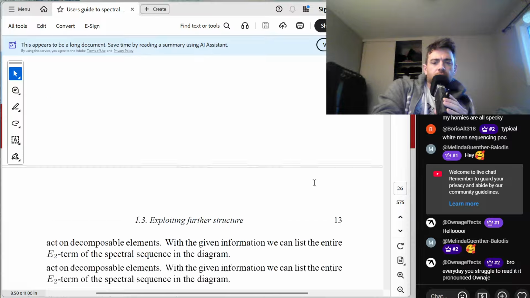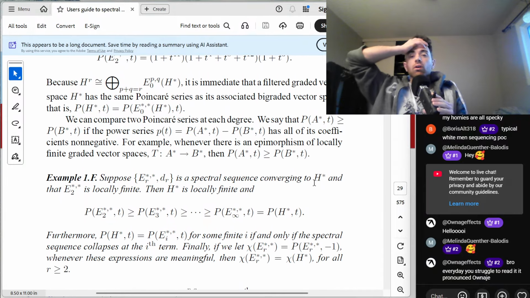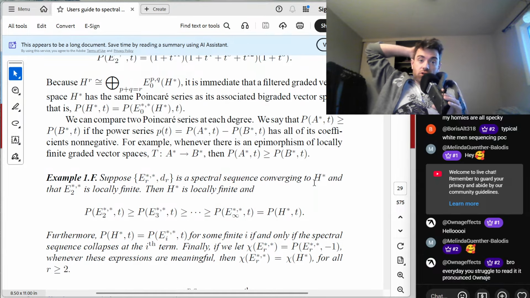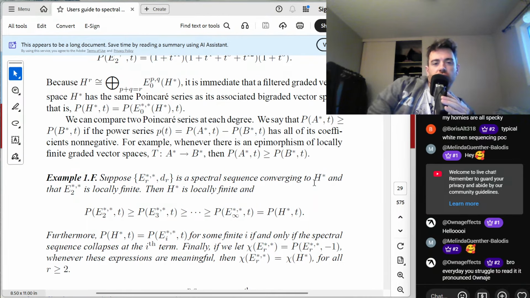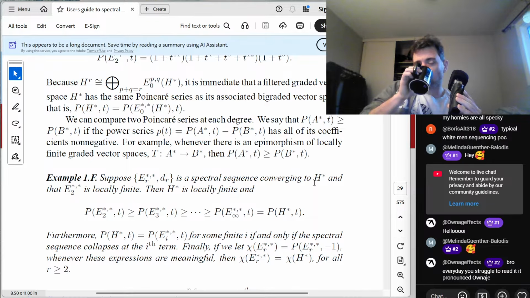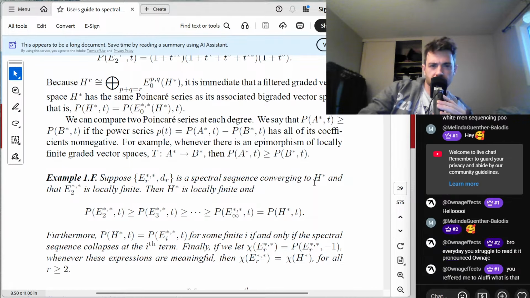So one of each factor is coming from X, Y, and Z. Now, because H is isomorphic to this sum, it is immediate that a filtered graded vector space has the same Poincare series as its associated bigraded vector space. I need to drink more coffee.